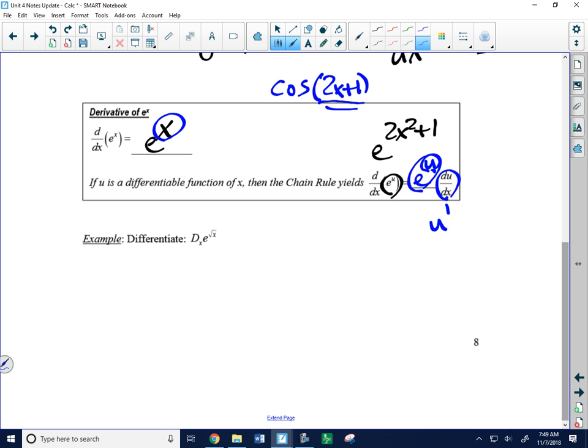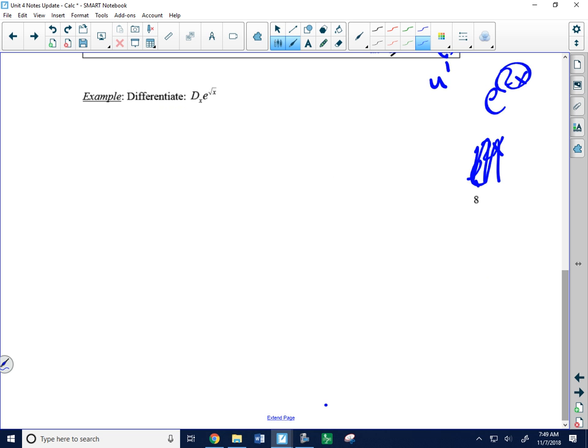Any thoughts before? Even if it's like e to 2x? Yes, chain rule. This is a simple one we could do: e to 2x. Going back to what I've been talking through with the chain rule, this is my f, and this is my g.